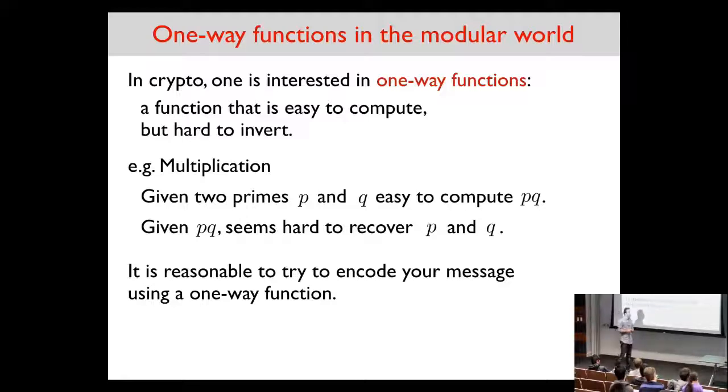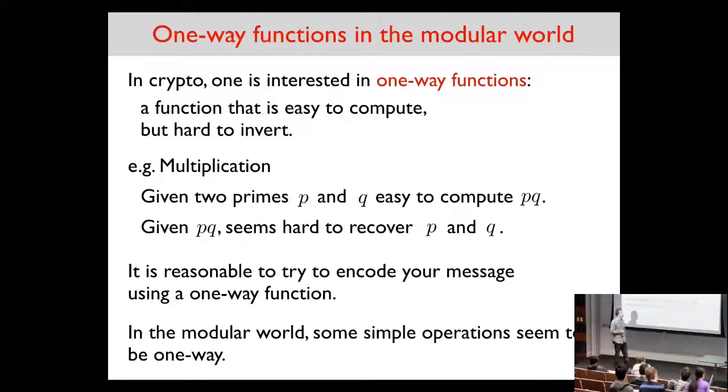So at a high level, I'm being vague here, but you would want your encoding scheme, your encoding algorithm, to be somehow one-way. We can define one-way more formally, but yeah.